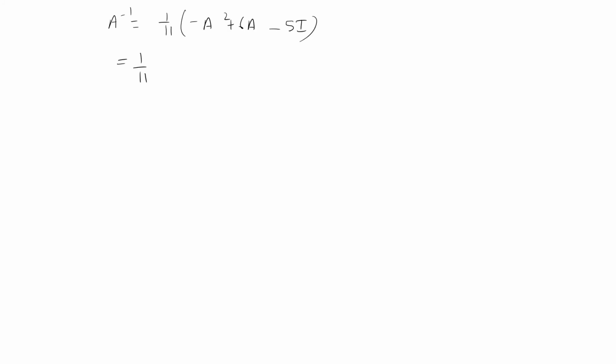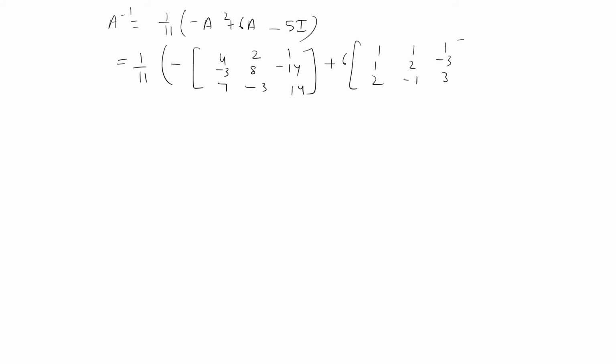So this is 1 upon 11 times minus of the A square matrix, that is 4, minus 3, 7, 2, 8, minus 3, 1, minus 14, 14, plus 6 times A, my original matrix, minus 5 times the identity matrix. I need to understand that the negative sign is to be balanced inside.